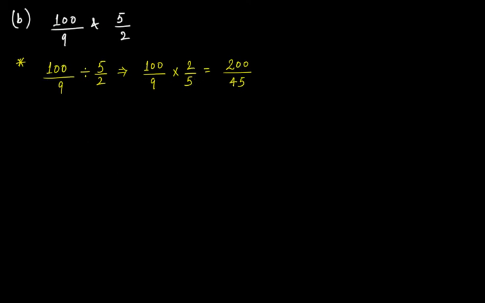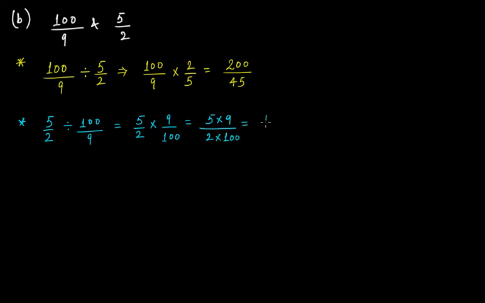In the second one, let's take 5 over 2 divided by 100 over 9. So this becomes 5 over 2 times 9 over 100, and this is 5 times 9 divided by 2 times 100.